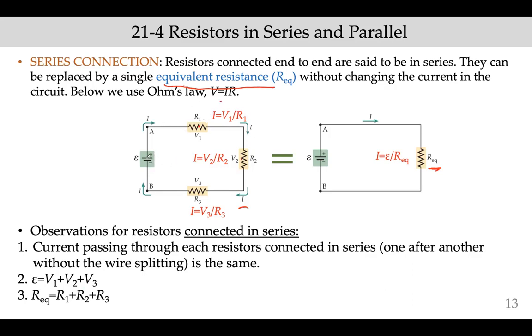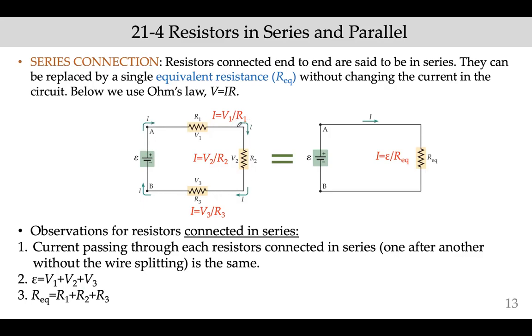Now the current flows in this circuit. There's just one wire, one closed loop, so it's always the same current that flows. In a circuit, if there's no splitting in the wires, as you can see here, there's just one wire that loops onto itself.